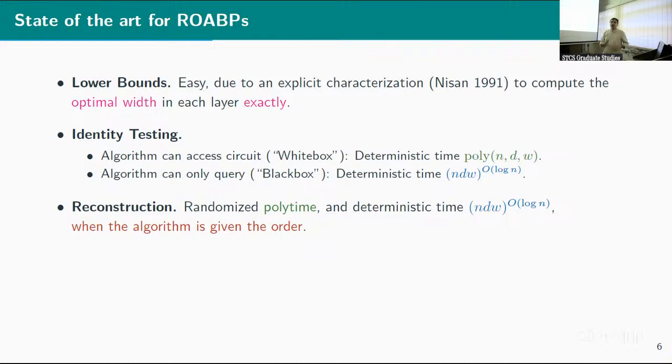You don't need any non-degeneracy guarantees on your input. I can just make some queries and construct the entire ROABP. And in fact, I think I'll get the optimal ROABP.